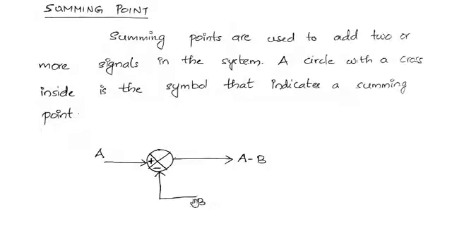That means this is minus B. What the summing point will do is add these two signals, so you have to take care of the sign. So this is plus A minus B, so A minus B is the output of this summing point. This B is considered as some kind of feedback signal. It's not necessary, but we can also consider this as something like a feedback signal.